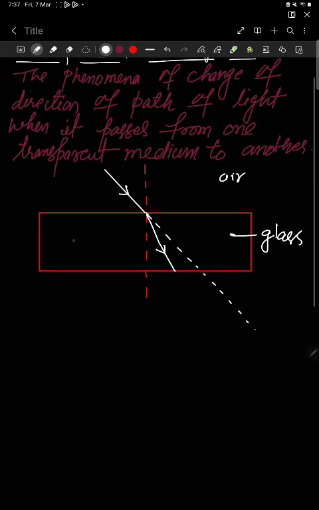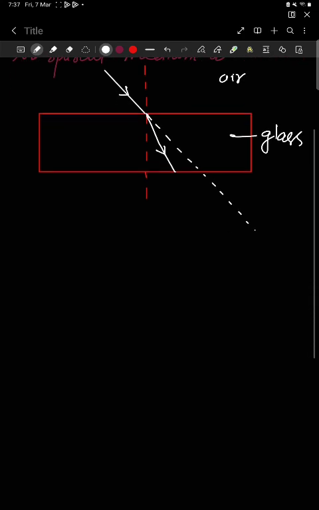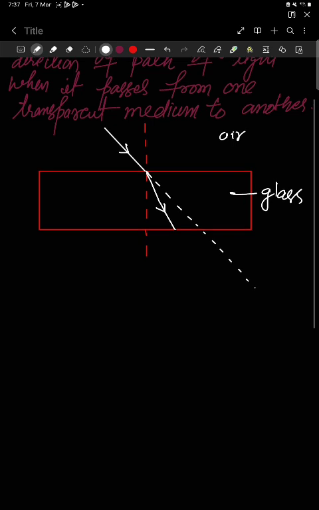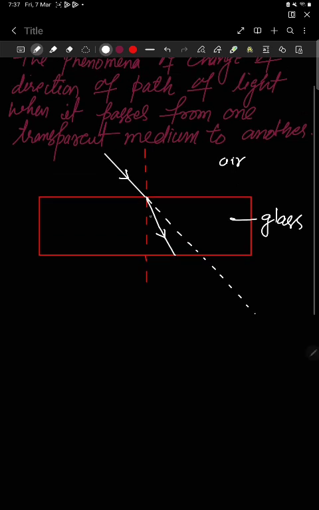Instead of glass, suppose here there is water, then also this light is going to deviate from its path. Now there are two cases when refraction will take place. See this light ray, here I have mentioned one light ray. Whether it will bend towards the normal, actually this one is our normal.